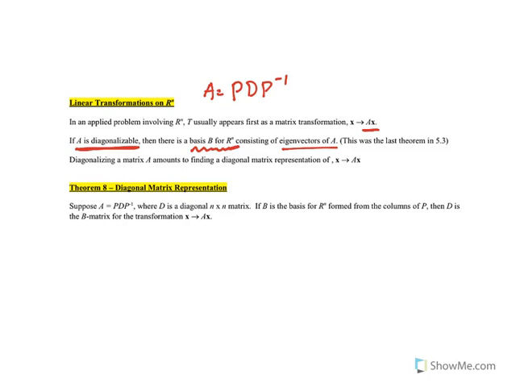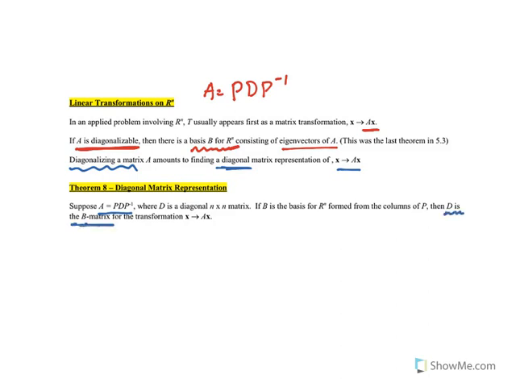Okay, and basically, if we end up diagonalizing a matrix, we find a diagonal matrix that represents the transformation. Okay, so A equals PDP inverse, D is the diagonal. D, this is what we're saying, this is the most important part.